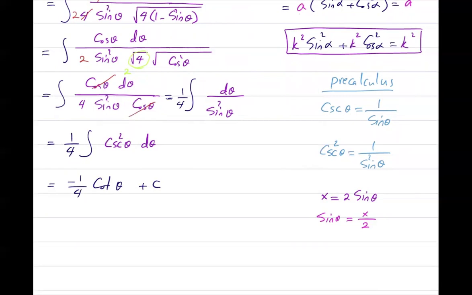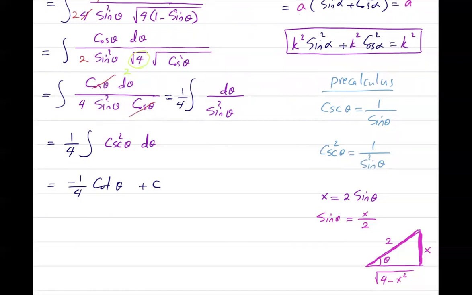If we go back to the right triangle, based on the definition of theta, this is my x, this is my 2, and this is square root of 4 minus x squared. So this length, which is in front of theta, is x. 2 on the denominator is the hypotenuse. And this length, which is adjacent to theta, is square root of 4 minus x squared.